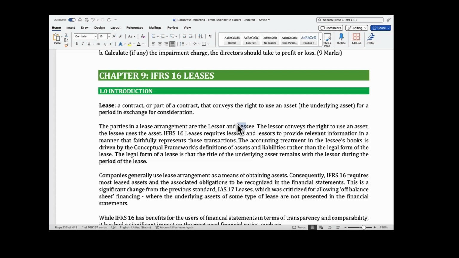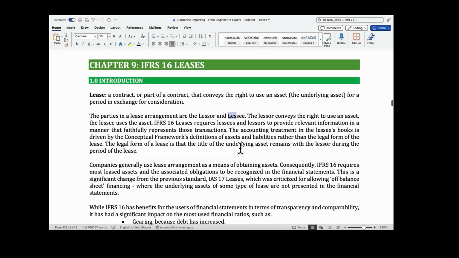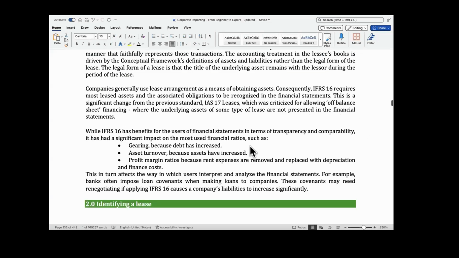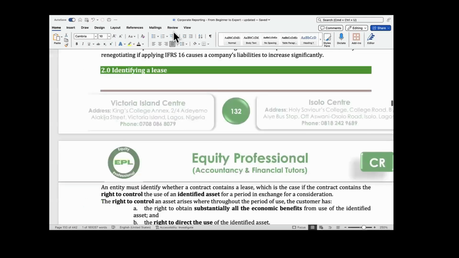So fundamentally, one of the key things we need to immediately sort out is how you identify a lease in a contract. That's a major one for tonight. When you see a contract, how would you know that this is a lease arrangement and we should apply IFRS 16 in this?